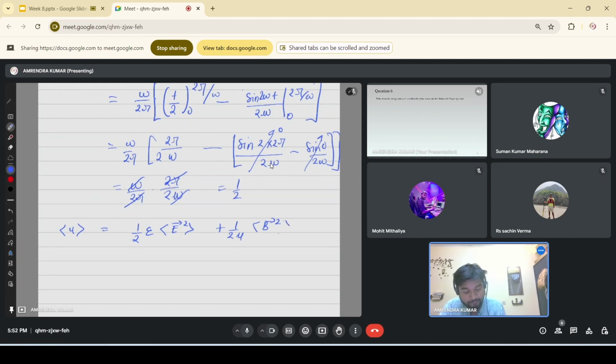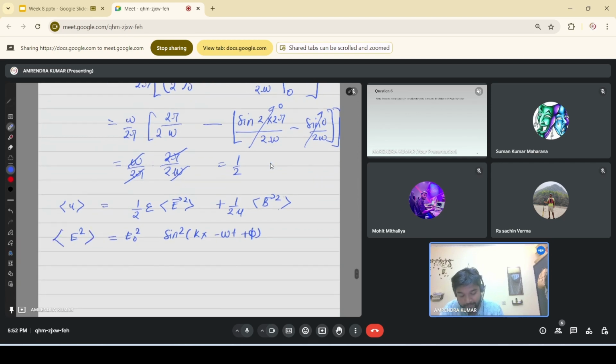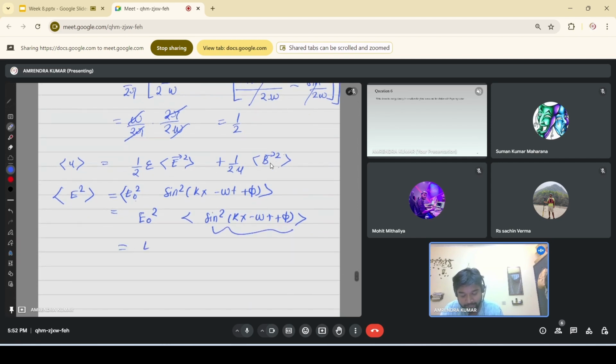Now this E vector square was proportional to E naught square times sine square of (kx minus omega t plus phi). When taking the average, E naught square is constant, so it comes out naturally, and sine square of (kx minus omega t plus phi) remains inside, which we have just calculated to be 1 by 2, so E naught square by 2.